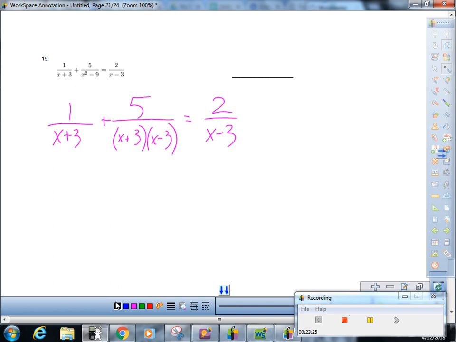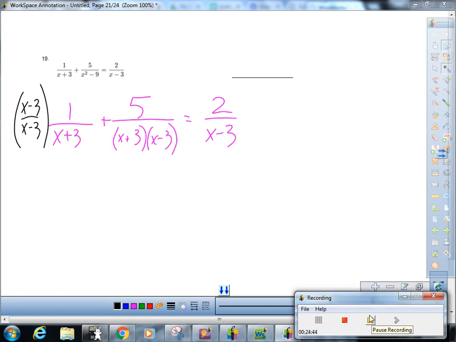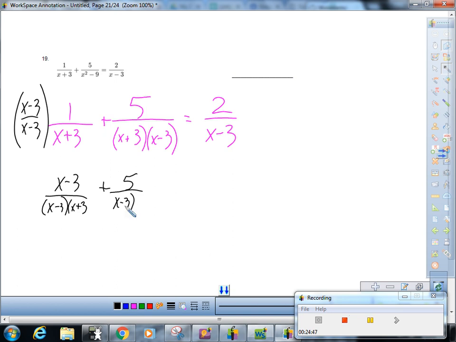So I'm going to multiply this by x minus 3 over x minus 3, because that's what it's missing on the bottom. So then you get x minus 3 over x minus 3 times x plus 3 plus 5 over x minus 3 times x plus 3 equals 2 over x minus 3 times x plus 3.